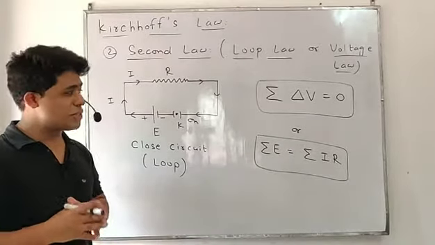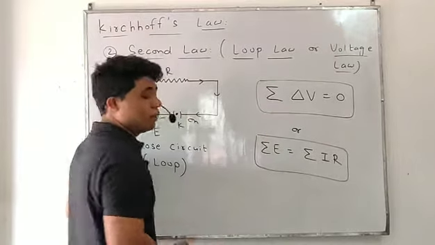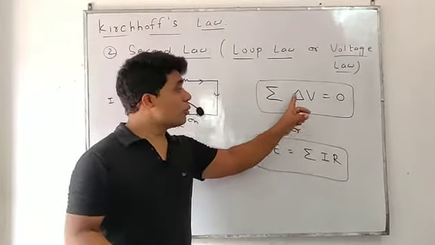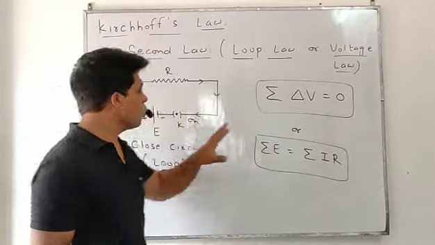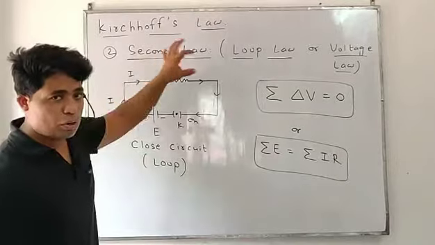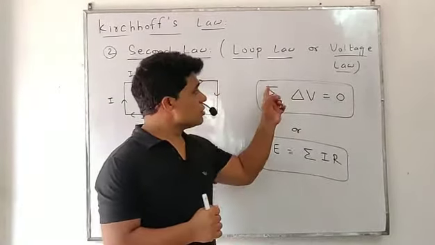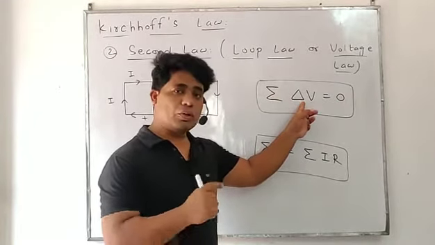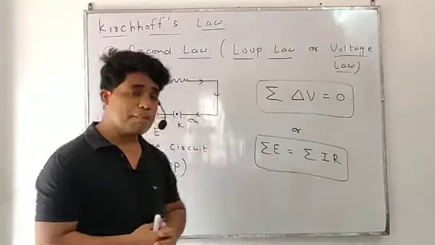Now see the statement. It states that the algebraic sum of change in potential over a closed circuit, over a closed network, is always 0. Sigma delta V equals 0.